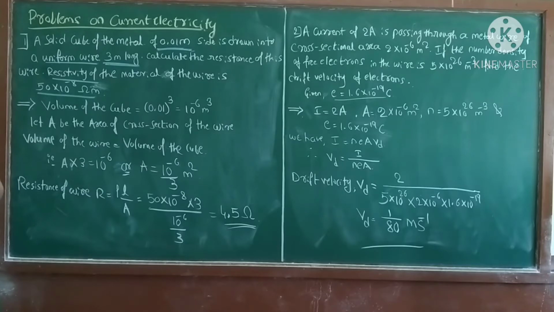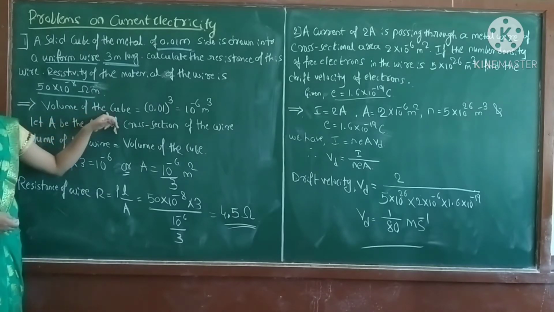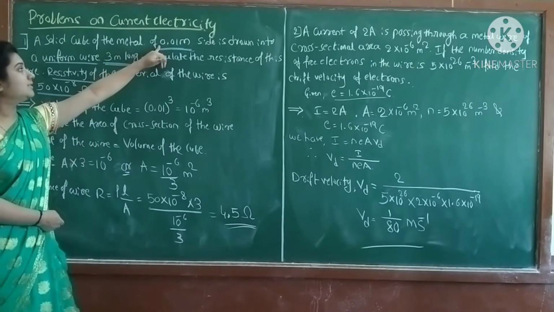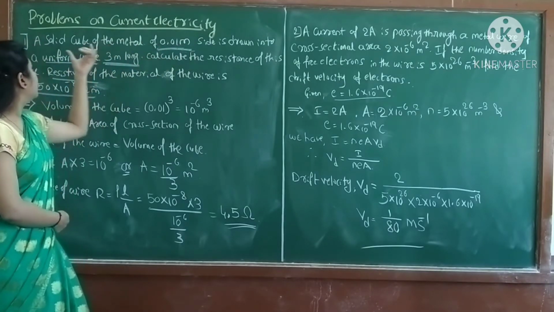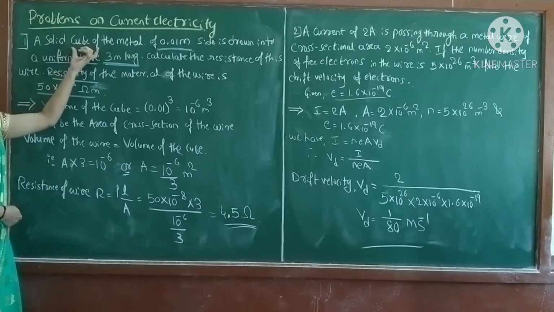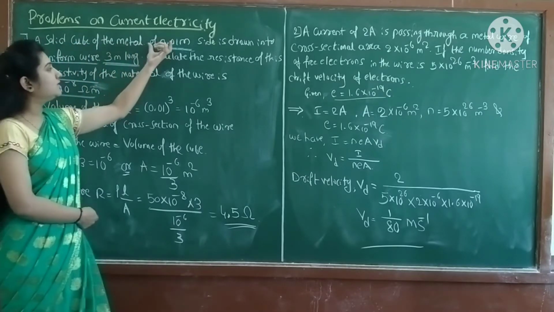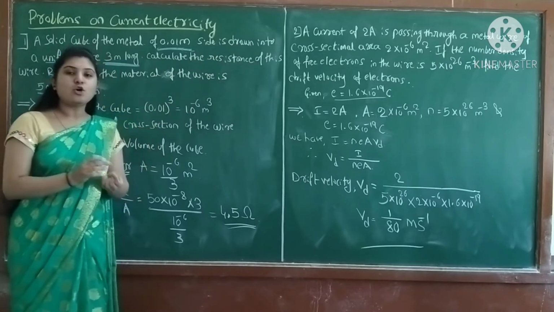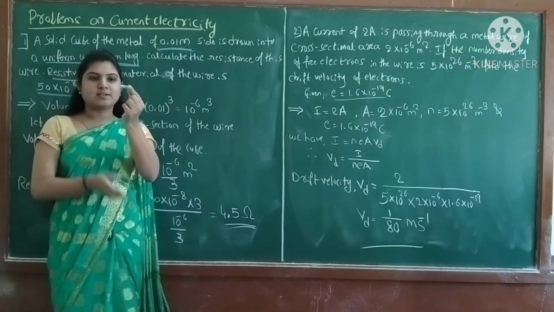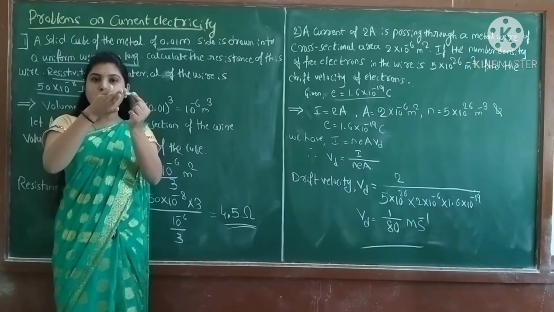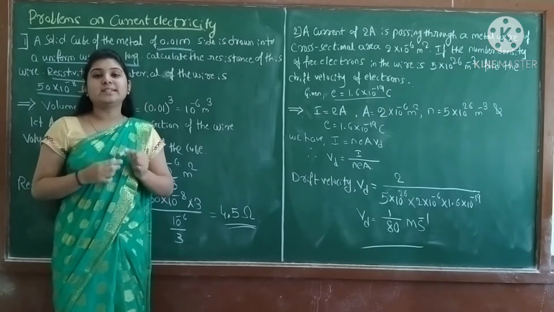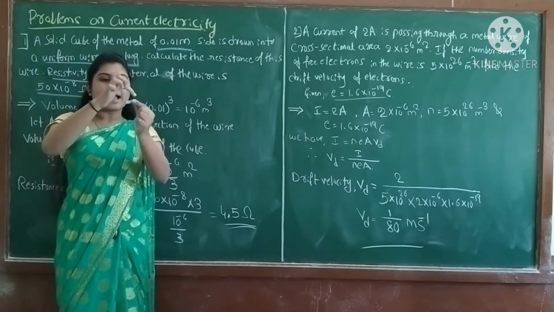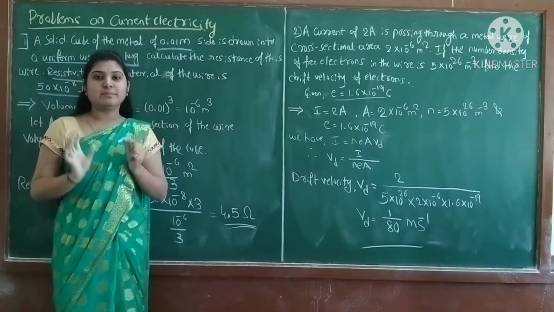So how to solve this? First, the cube has a side of 0.01 meter. This is one cube, and the wire has length 3 meters.